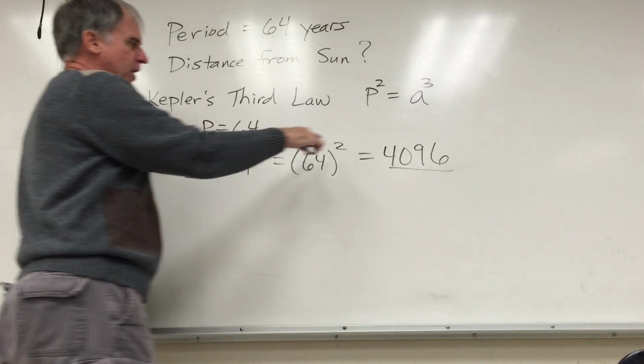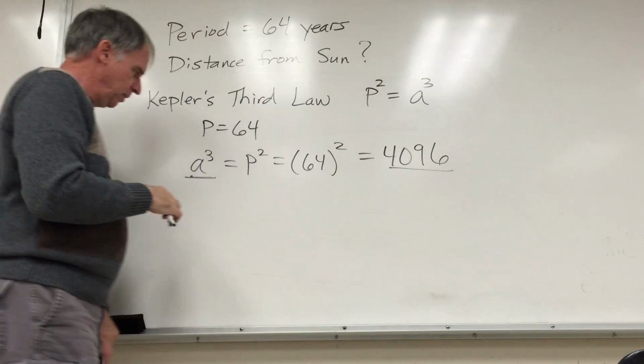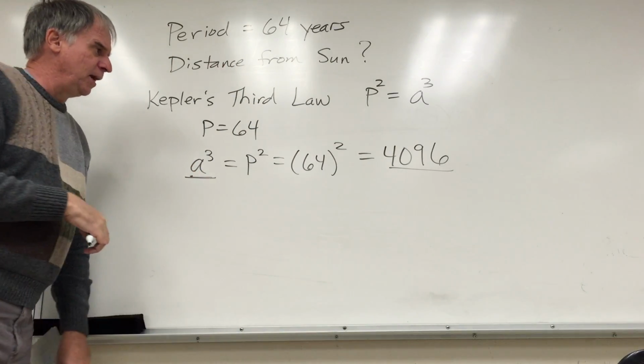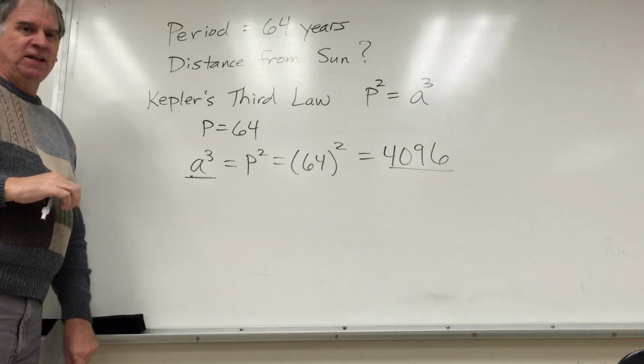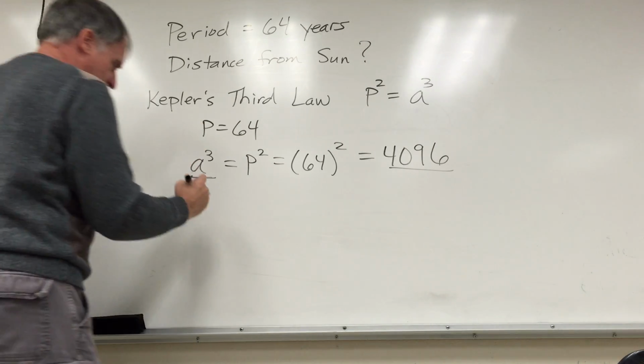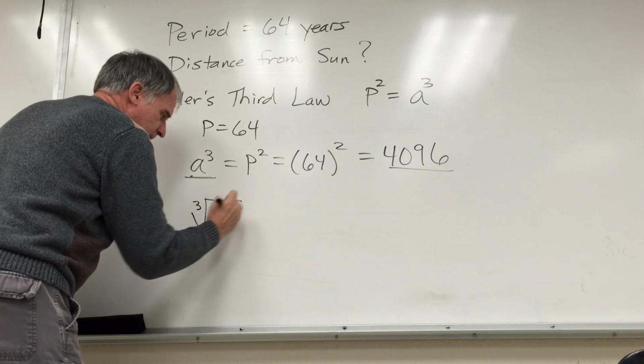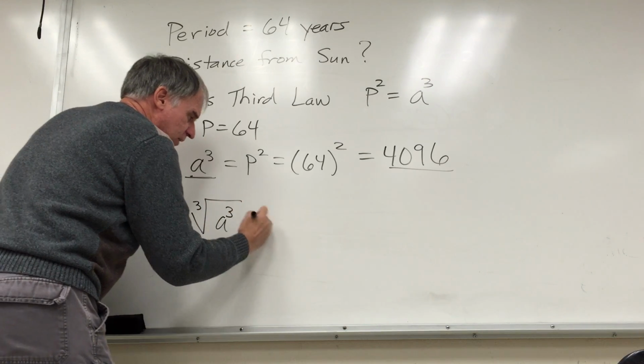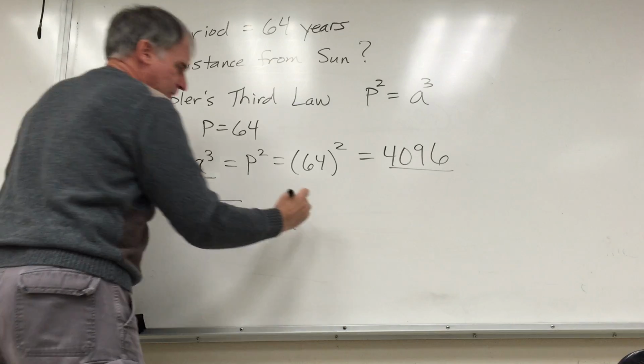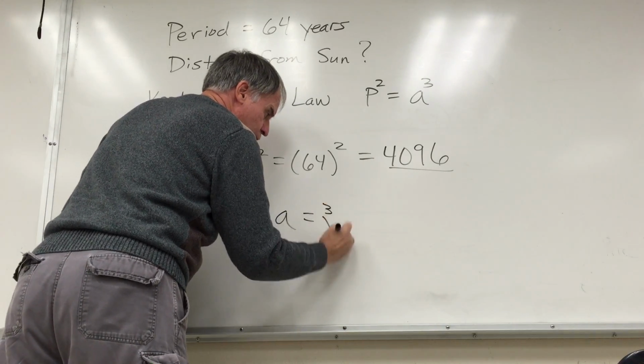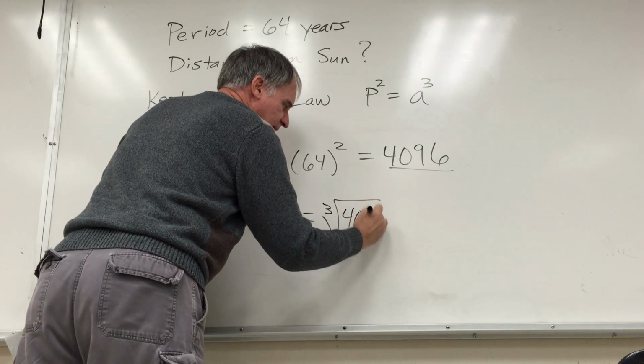When the cube of a number is equal to something, we can figure out what the A value is by taking the cube root of both sides. The cube root of A cubed, that's A. And that's going to be the cube root of the other side, 4,096.